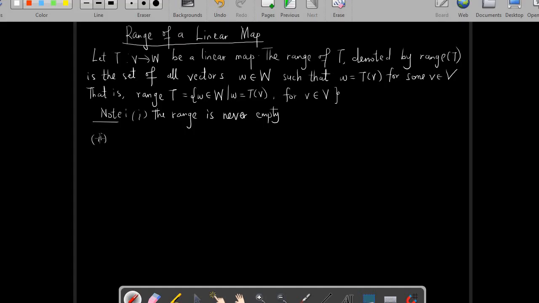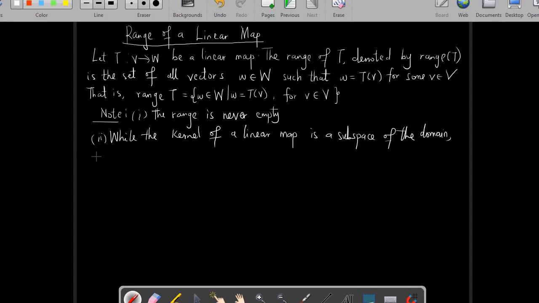Number two, note that while the kernel of a linear map is a subspace of the domain, the range of a linear map, on the other hand, is a subspace of the codomain.